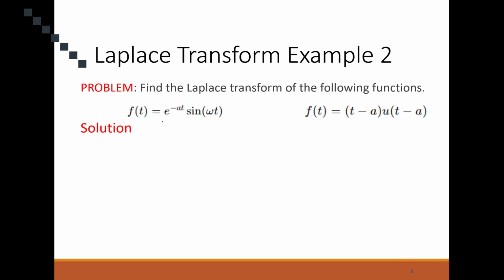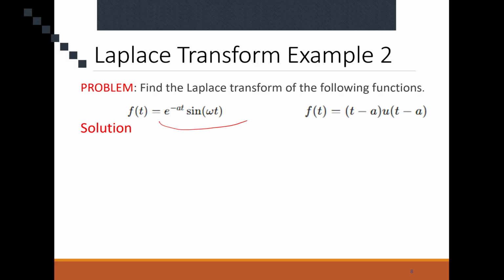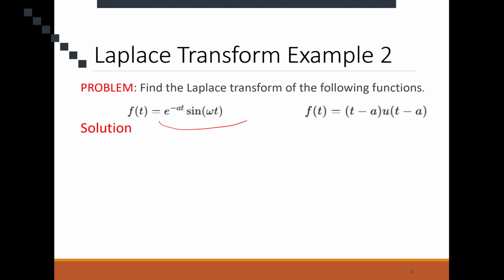Now, how about e to the at times sine of omega t? How can we deal with that? Let's run the integral. This is going to be 0 to infinity e to the power of at, sine of omega t, e to the power of minus st dt.